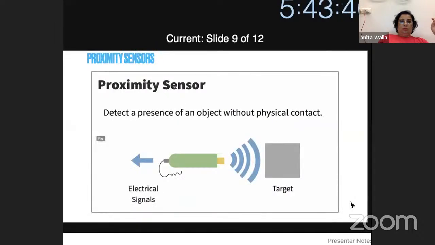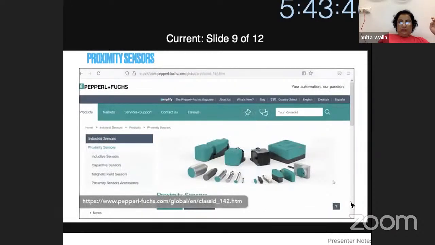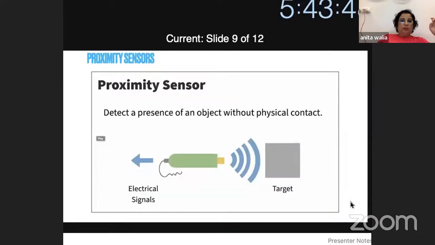The first one is called the proximity sensors. Proximity sensors are sensors which basically detect the presence of an object without any physical contact. For example, when I was talking about the autonomous car, it detects a nearby object, right?